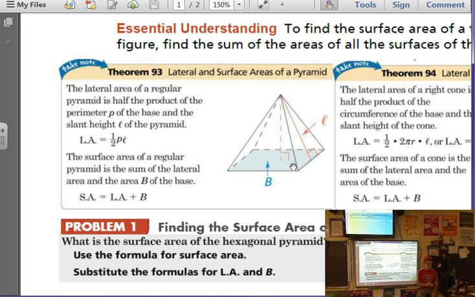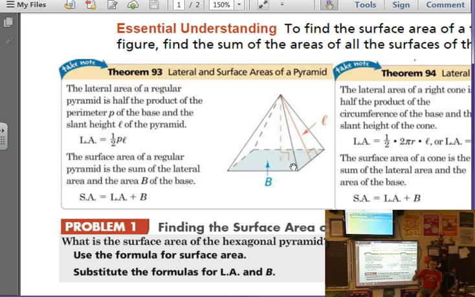Brian? Would it be the same equation, but just divided by 2? Why? Because it's triangles. Yeah, whereas prisms had all faces that were rectangles. Pyramids have all faces that are triangles.